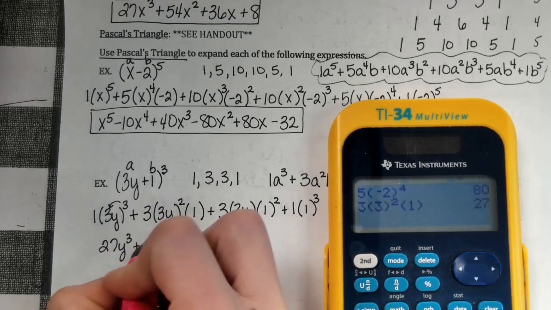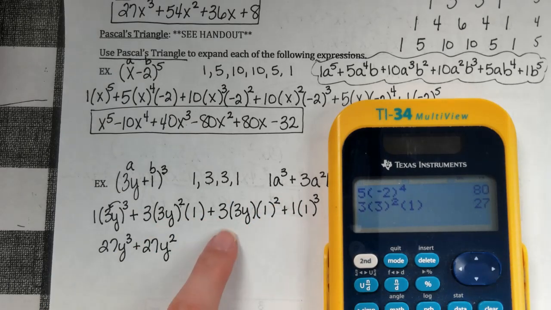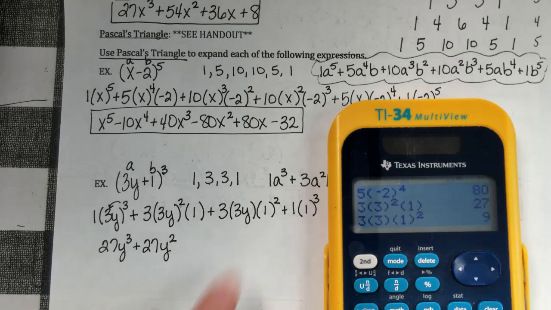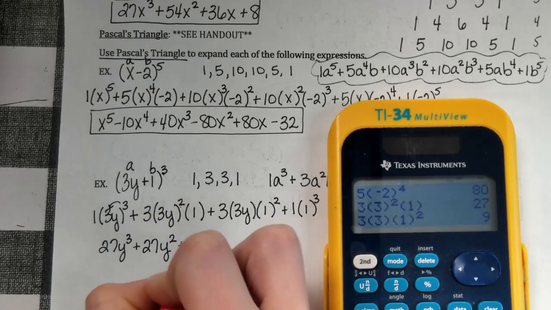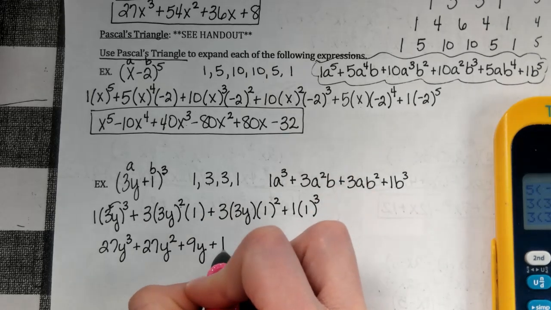Gives me 27y squared. And then if I need to do it again, 3 times 3, this is now times 1 squared. That gives me 9y. And then 1 cubed is just 1.